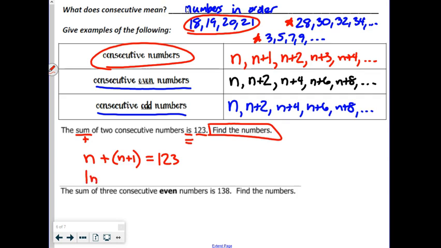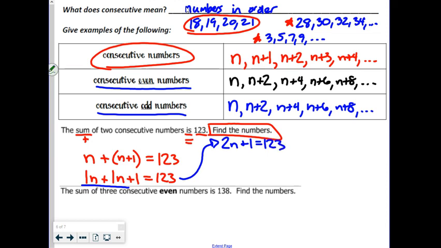This is 1n, and this is all addition, so those parentheses really aren't doing much here, so we can drop them. And we have another 1n plus 1 equals 123. And you might notice we have like terms. 1n plus 1n is 2n plus 1 equals 123 still.